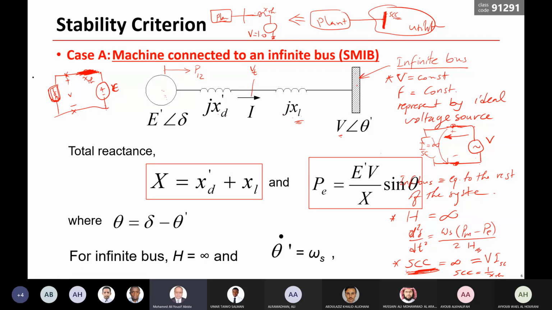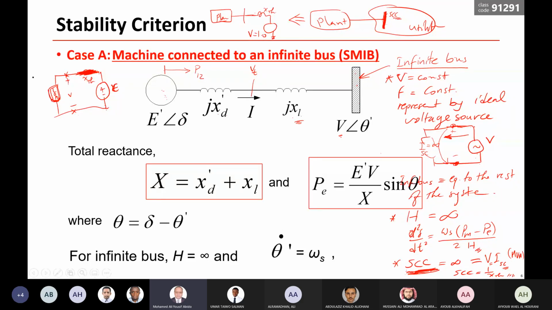So if you calculate the short circuit capacity in terms of megavolt ampere, yes, it will be affected by the voltage, 380 kilovolt or something like this. However, usually we can have it in per unit. So in this case, the voltage will be 1 per unit, the short circuit capacity will be in per unit, and this X Thevenin also will be in per unit.